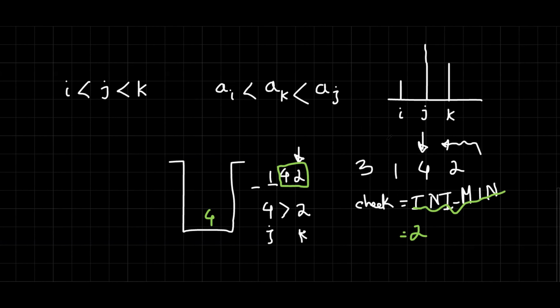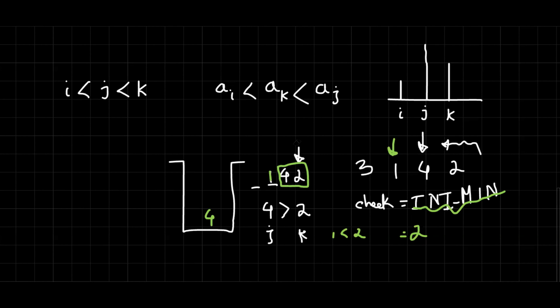Now, for this element 1, we have to check whether this element 1 is less than check or not. Yes, 1 is less than 2. So we can say that we can easily place 1 here.